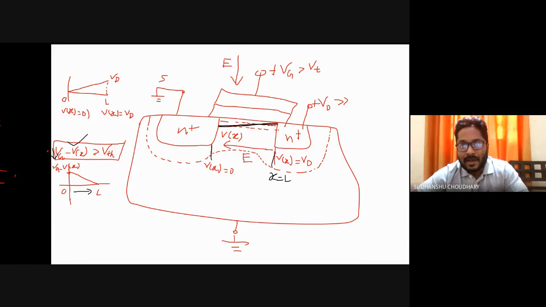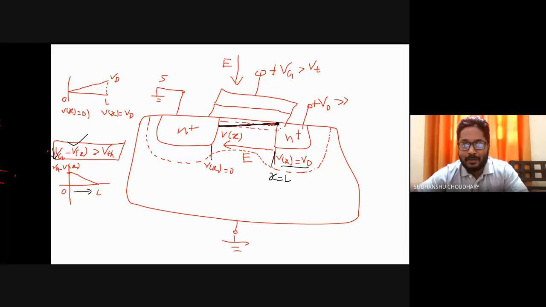And at this point, if Vg minus Vx is less than Vt, again Vx is equal to Vd here at this point, and let's say Vg minus Vx is less than Vd. So I'll reach a pinch off point over here, that is at the verge of saturation.